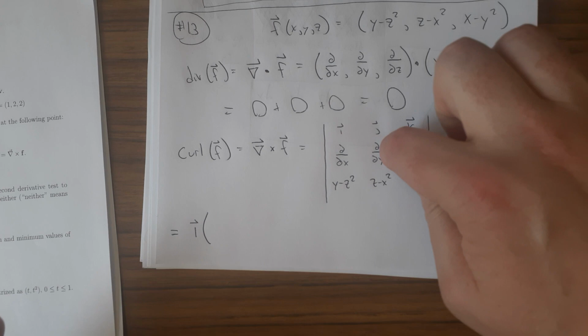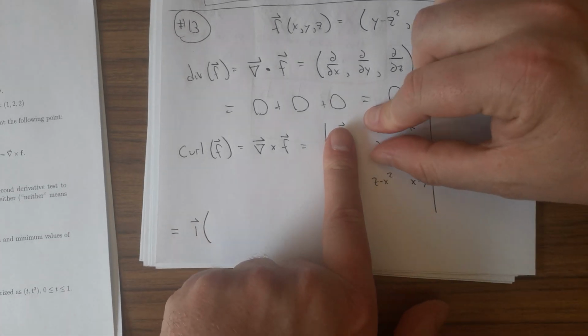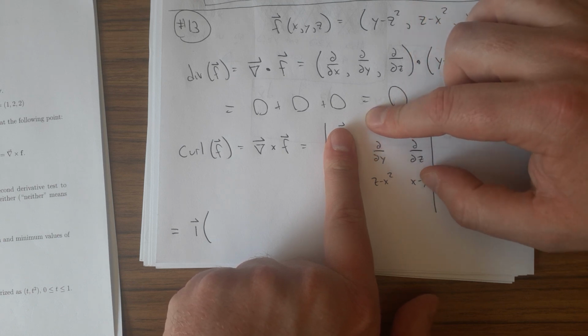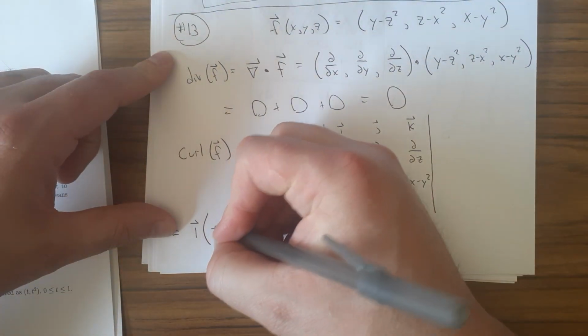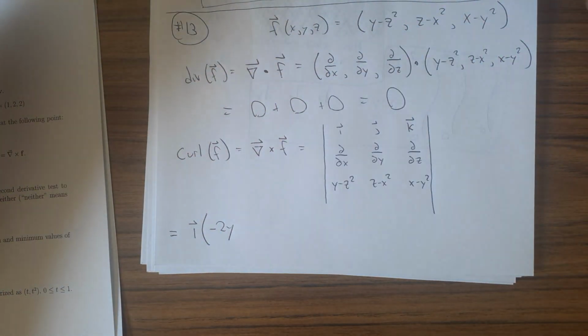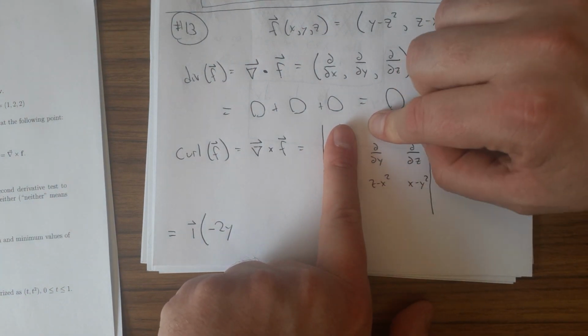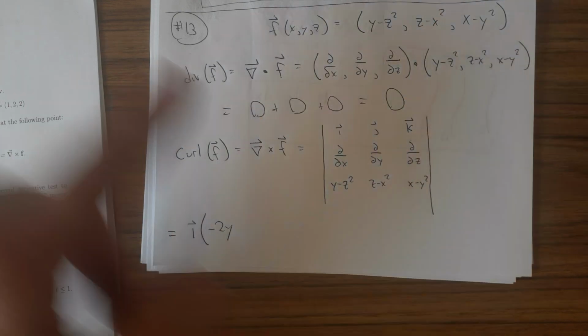Times means do this operation in this context. So this means partial derivative with respect to y of that, which is minus 2y. And then I'm going to subtract this, which means I'm doing the partial with respect to z of this, which is just 1.